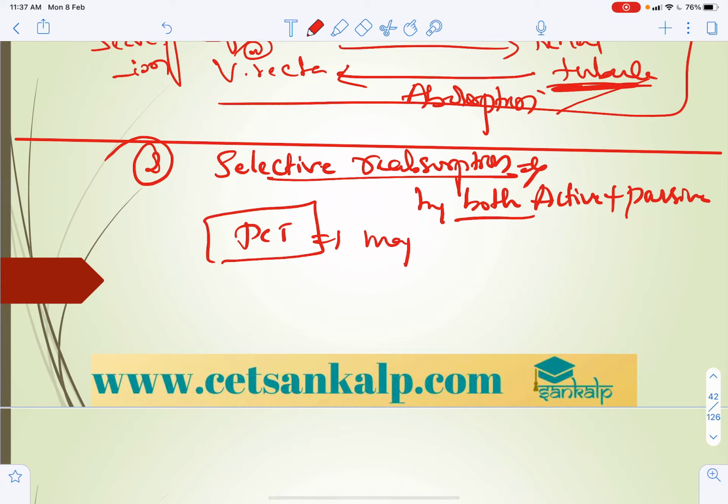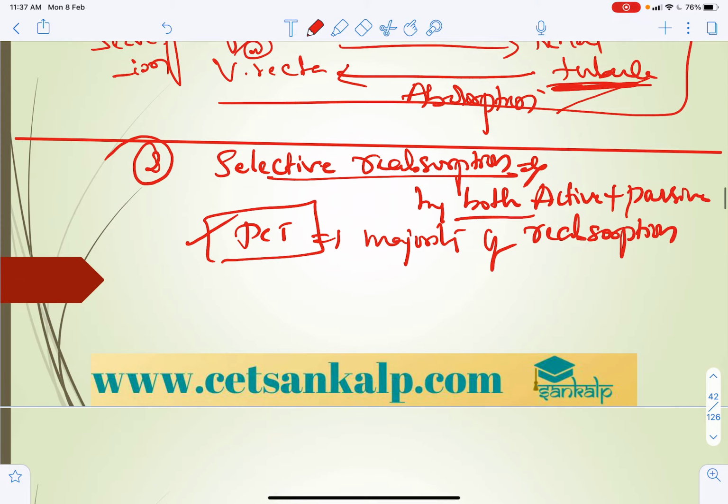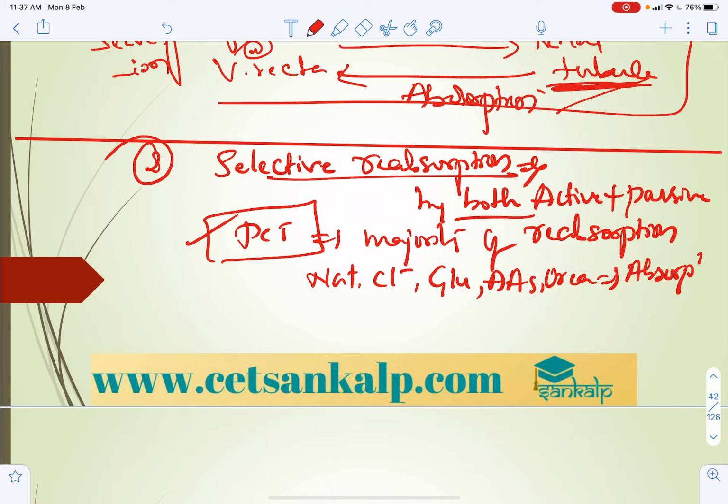This is one question we can expect: the majority of reabsorption takes place in the PCT, it is the seat of reabsorption. Here Na plus, Cl minus, glucose, amino acids and urea will be absorbed.